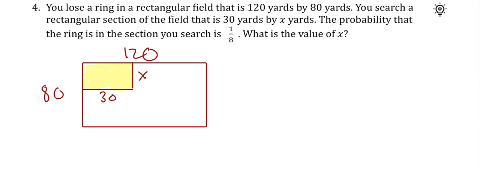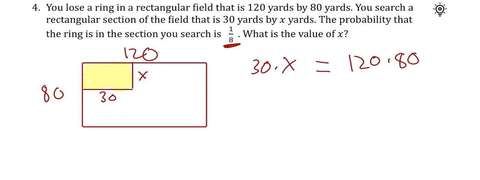And so we can set up an equation. Using our knowledge that area of a rectangle is length times width, we can say 30 times x for the area of our smaller yellow section equals 120 times 80, the area of our larger section.